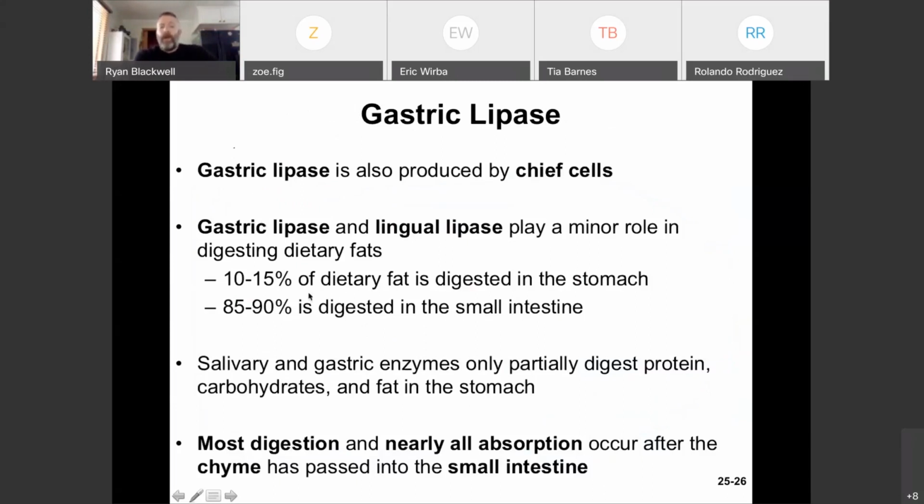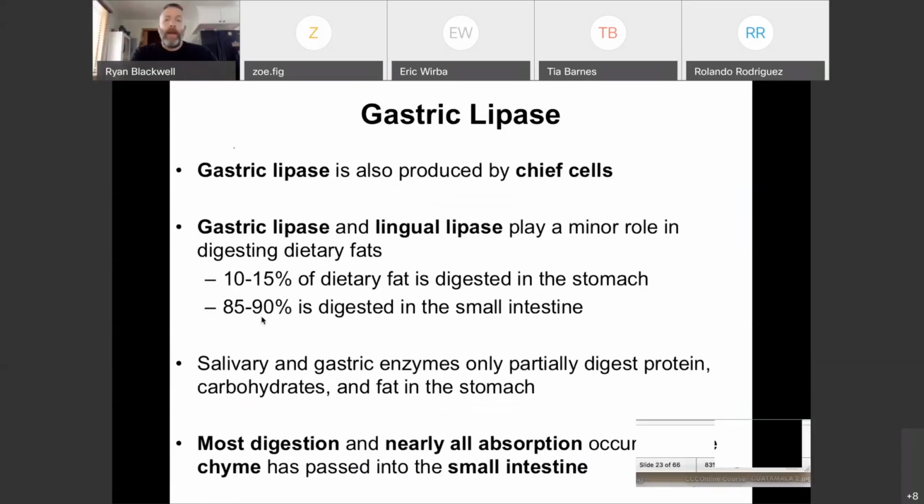As I mentioned before, only a small amount of fat digestion, the enzymatic breakdown of fats, is occurring in the stomach. The vast majority of that, just like the vast majority of carbohydrate digestion and the vast majority of protein digestion, is occurring in the small intestine. More specifically, the first foot of the small intestine, right? That area known as the duodenum.